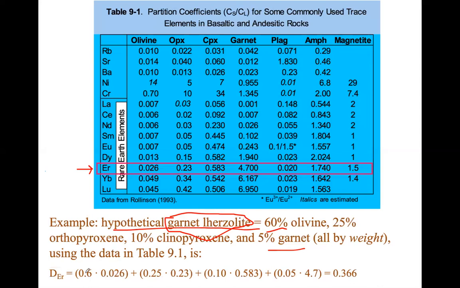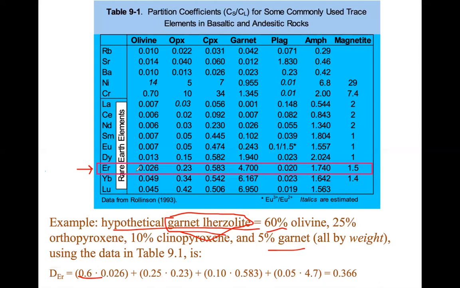Okay, right. So if you want to calculate the bulk distribution coefficient for garnet lherzolite here, you have to consider all these modal percentages and respective partition coefficients. So for example, you can take olivine 60%. So you have the modal percentage here, 0.6, and multiply it by the partition coefficient for this element in olivine.